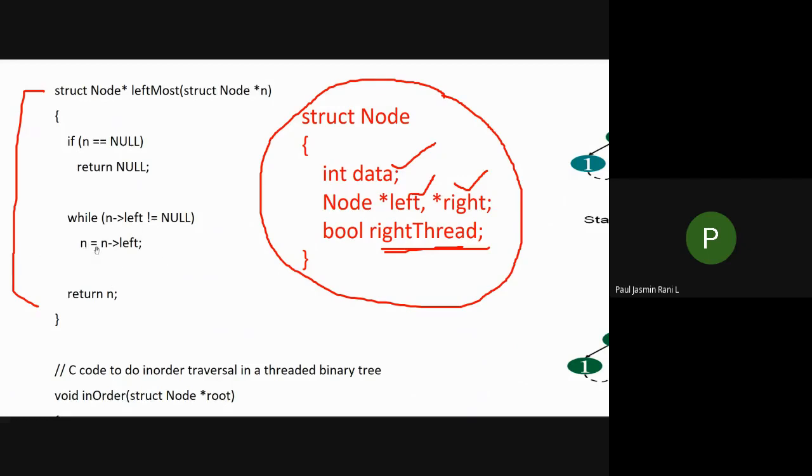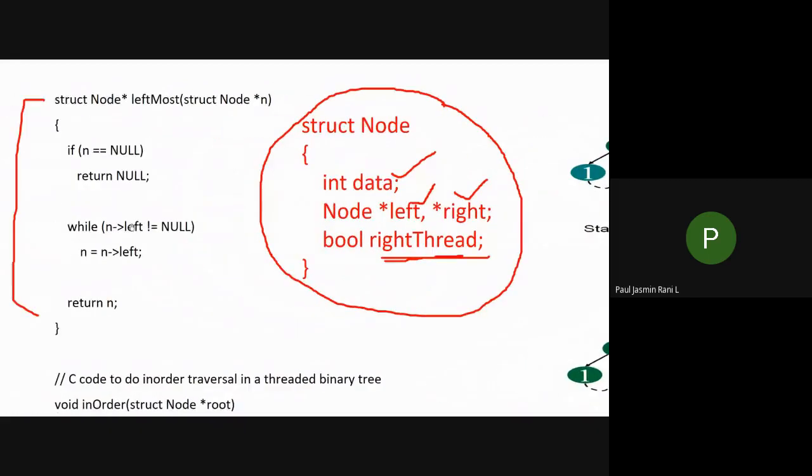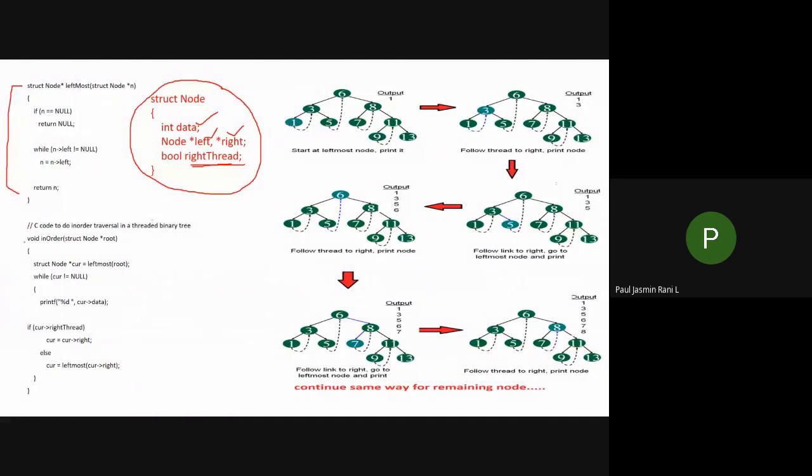So n is equal to n of left moves the pointer from the current pointer towards the next left pointer. When you do this, I can move from the current pointer to the next pointer. So this part is used to perform a traversal.